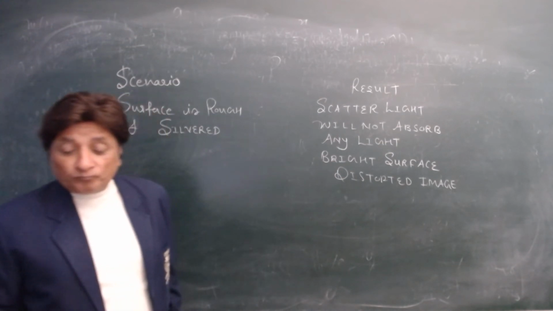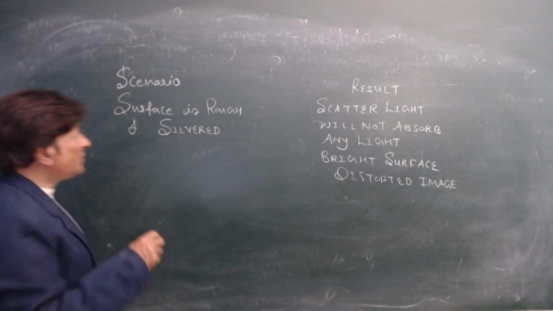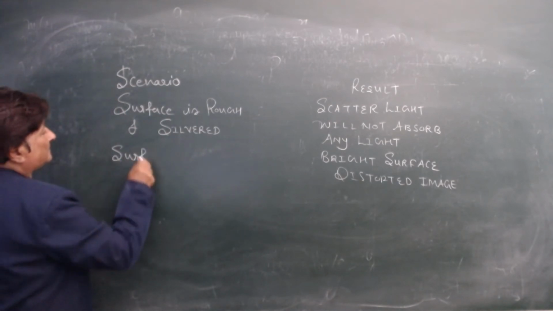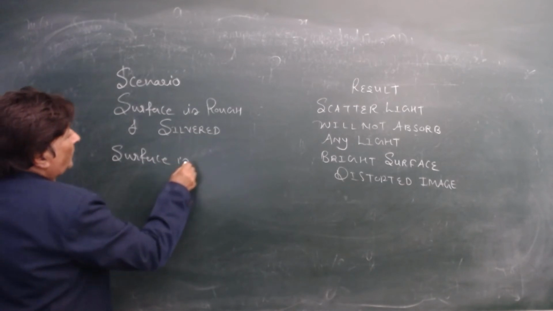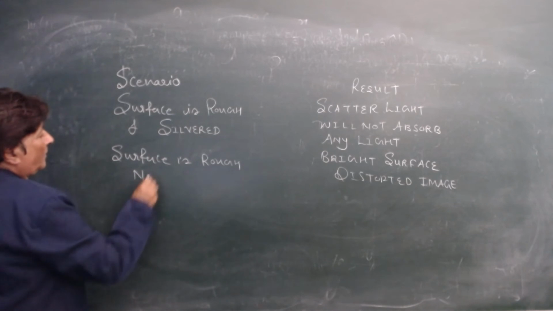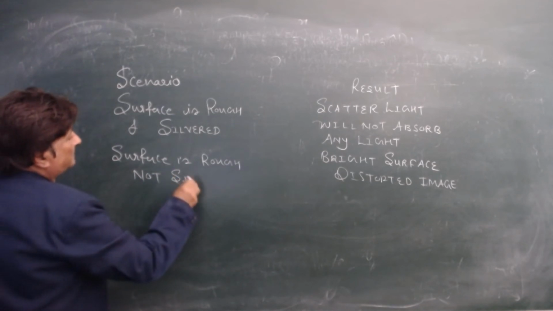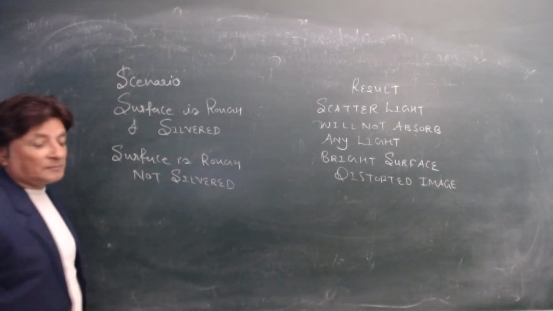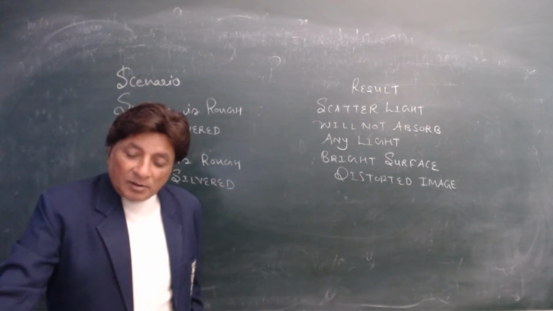Now, surface is rough, not silvered. Then what happens?